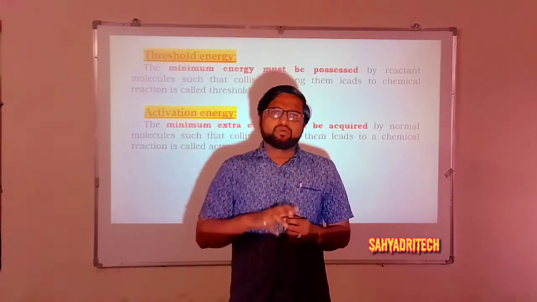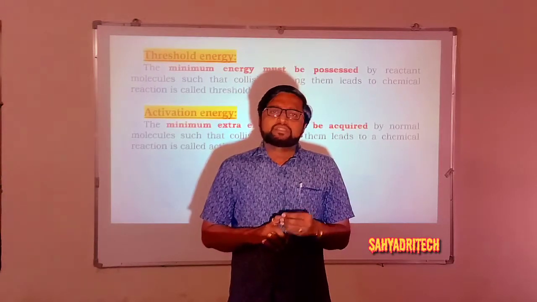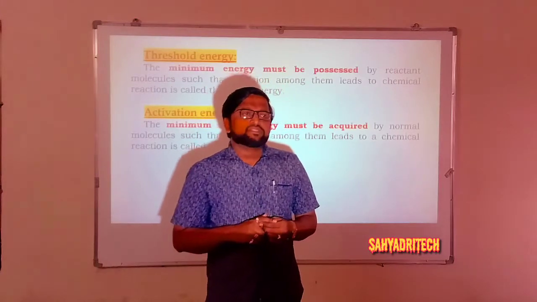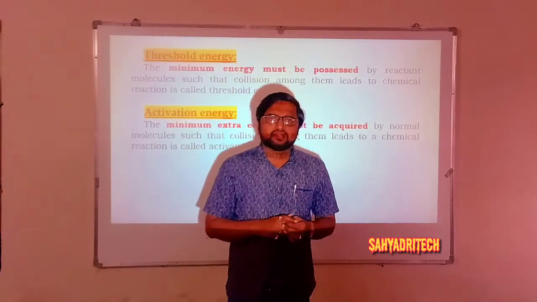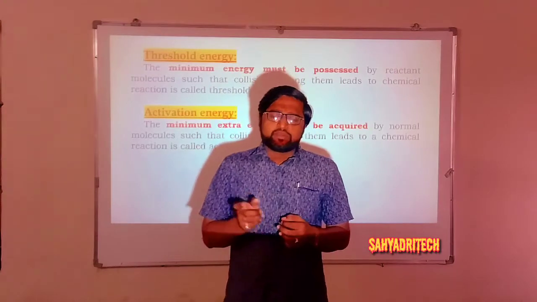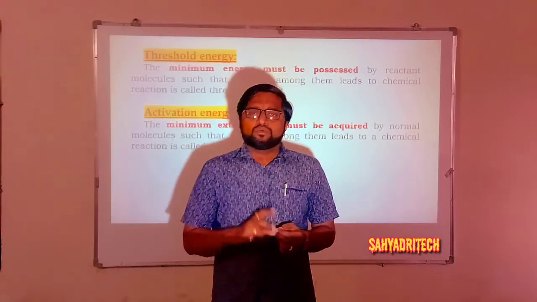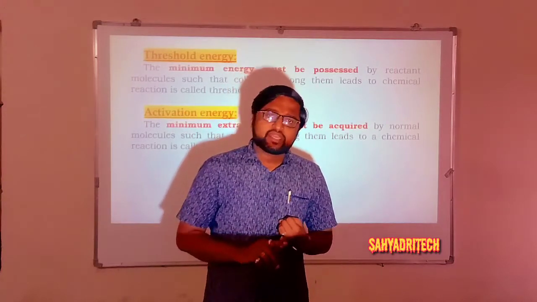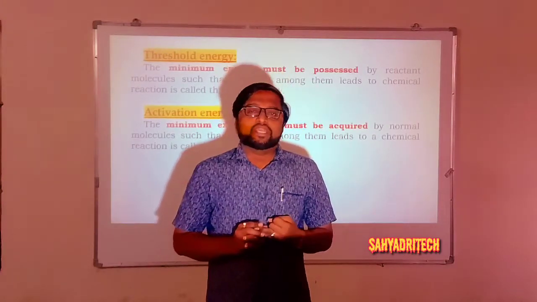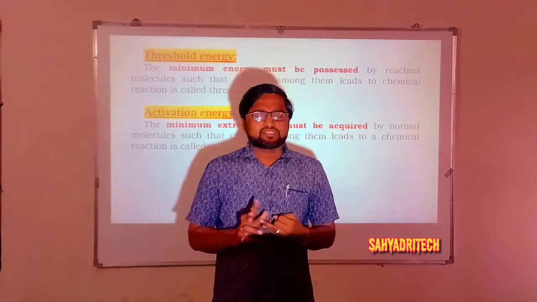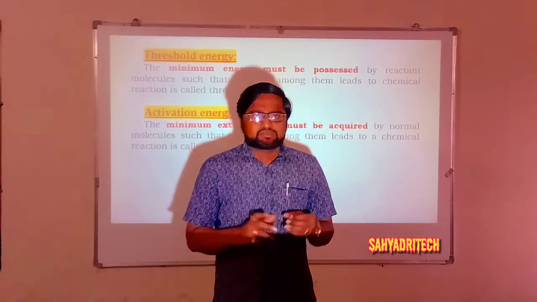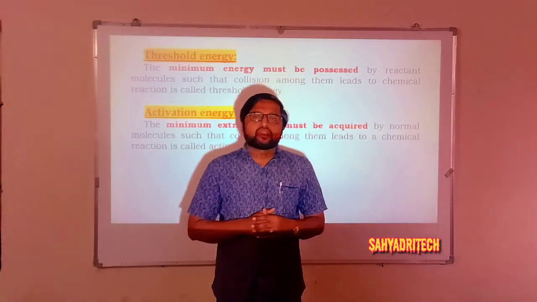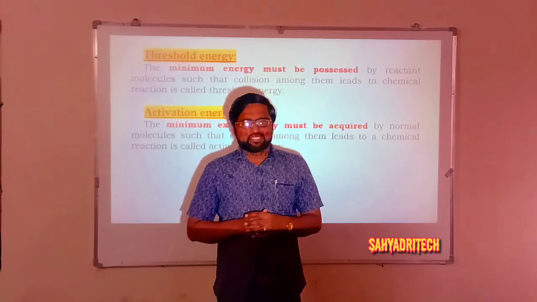Now, for a product to be formed, it is necessary to have effective collisions. For the collision among the reactants to be effective, it has to follow two factors or two parameters. One is the energy barrier, the second one is the orientation barrier, or spatial arrangement, the direction by which reactant molecules collide with each other during a reaction.